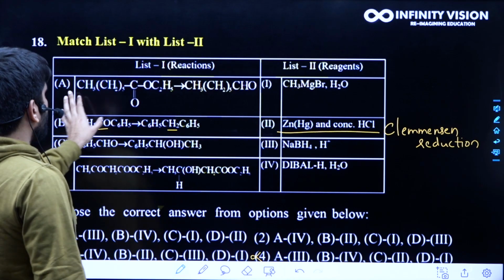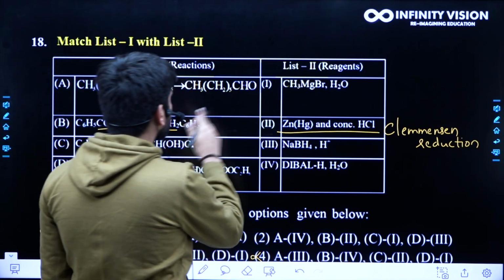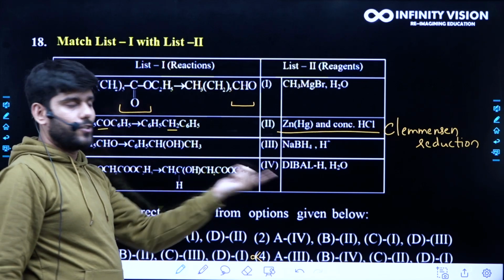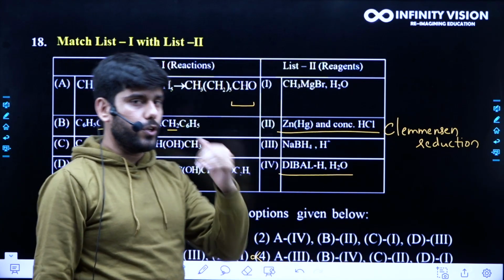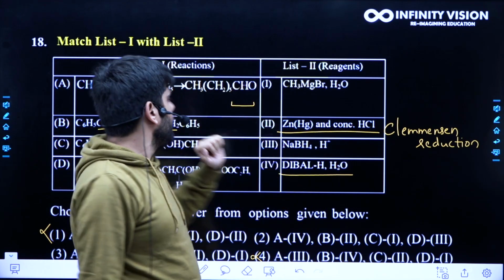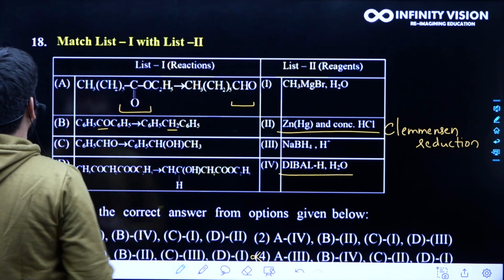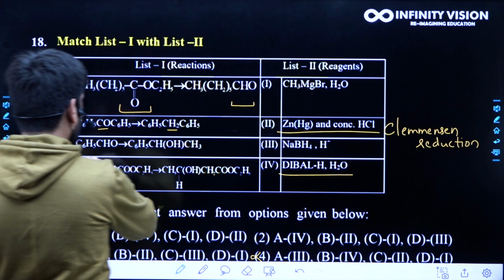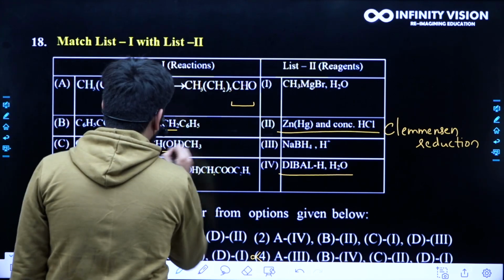Let us see the first one. Here we have, this is your ester moiety. Ester moiety is getting reduced to CHO. So we know that there is a reagent DIBAL-H, right? So DIBAL-H selectively reduces cyanides and esters to aldehyde. So A goes with 4 in second and third. Okay, so we need to check C. We have benzaldehyde, the aldehyde getting reduced to OH.